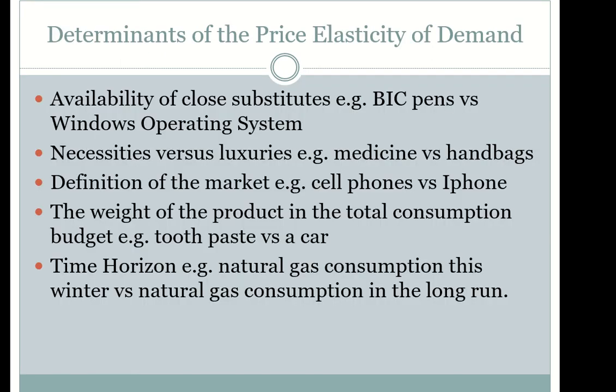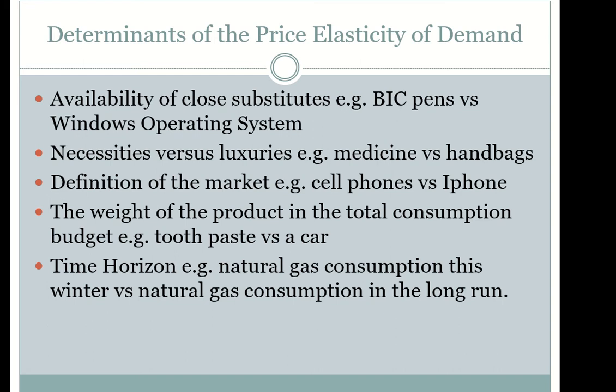So much for the definition. Now let's look at some rules of thumb. When we are given numbers, we can calculate the price elasticity of demand. But sometimes we're not given any numbers, or we simply don't need to know them.